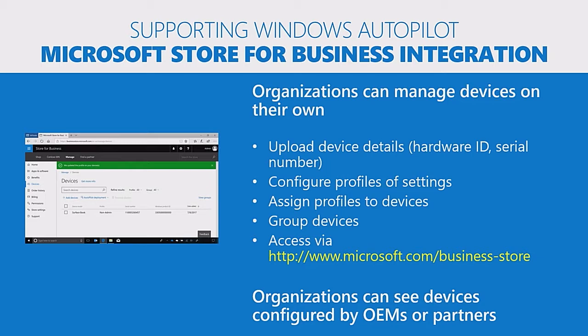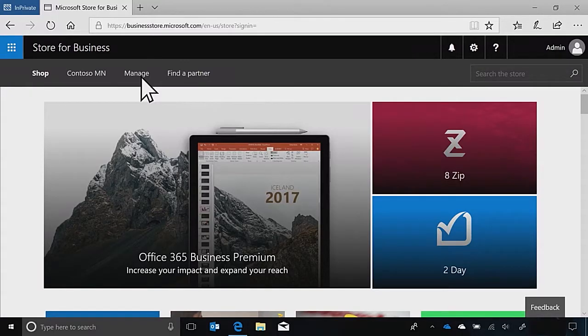OEMs, CSP partners, resellers, distributors, etc., they would all use the Partner Center. We're going to take a look at the Store for Business interface, but the others would look pretty much the same. Same basic idea, where we can first sign into the Microsoft Store for Business. Used to be called the Windows Store for Business, but it's expanded beyond just Windows stuff, so now it is the Microsoft Store.